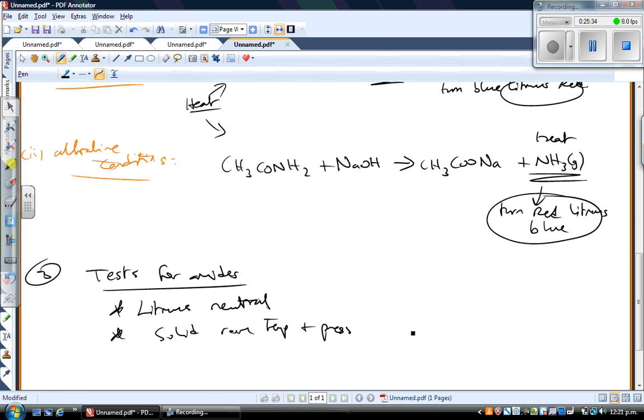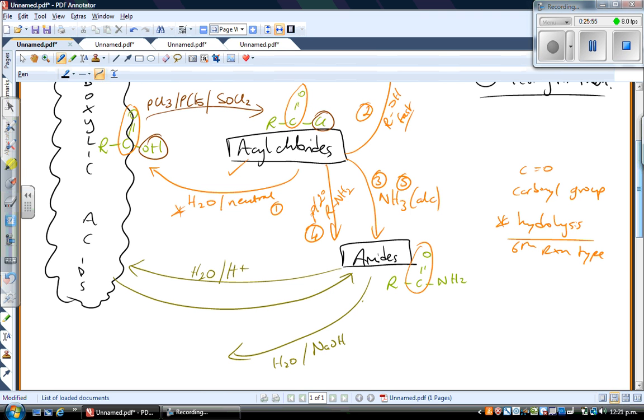They're the main things with amides. There's no reaction, so they're litmus neutral, and that's all you'd really be able to talk about in an exam paper. So the main thing, if they want to talk about amides in an exam paper, is acid-base hydrolysis. So to go back to where we left off just for the holidays now.